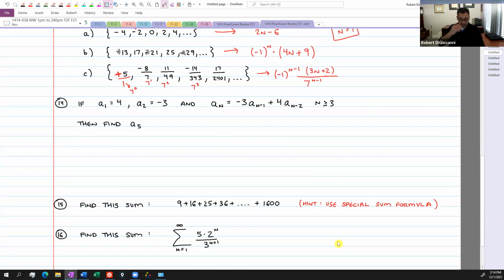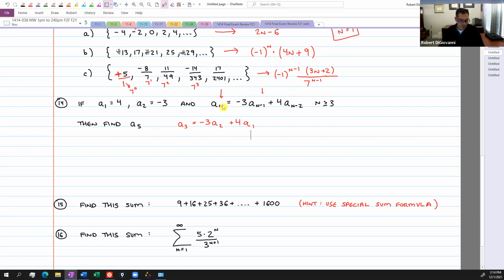All right, so now this number 14 is a recursive sequence. So I tell you what the first 2 terms are, and then I ask you to find the 5th term. So I give you the first 2. Let's find the 3rd one. The 3rd one, according to this formula right here, should be -3 times the second one plus 4 times the first one.